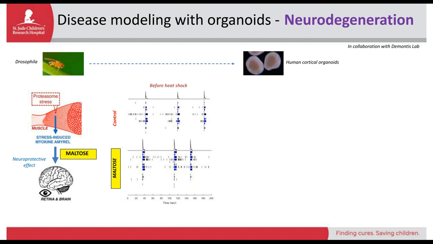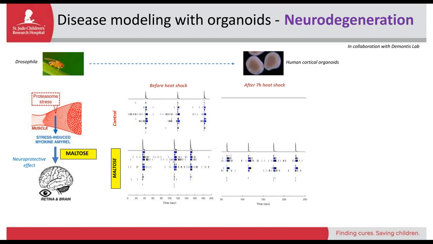Now, before heat shock, both of these organoids have strong spontaneous network activity. After 7 hours of heat shock, maltose-treated organoids continued to have strong activity, but the activity completely disappeared in the control organoids because of the degeneration induced by the heat shock.